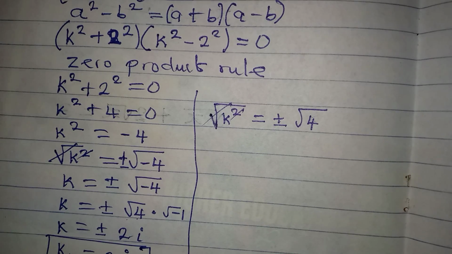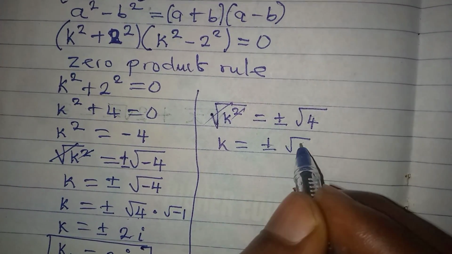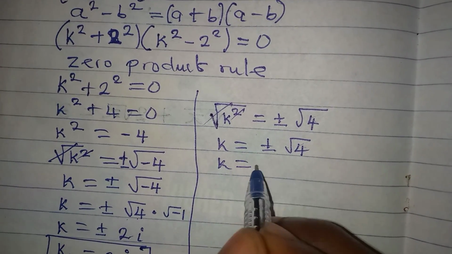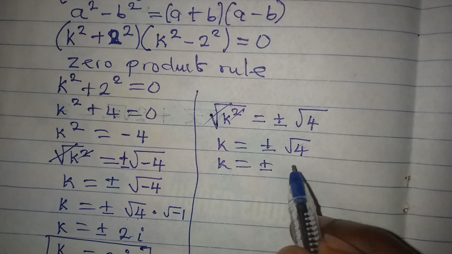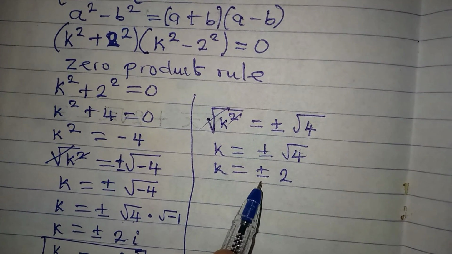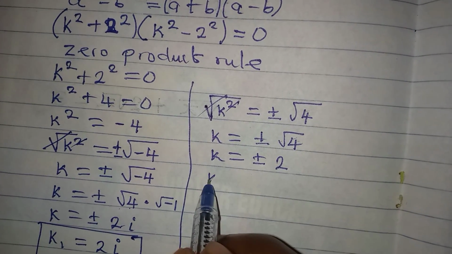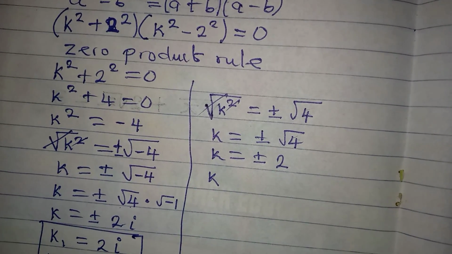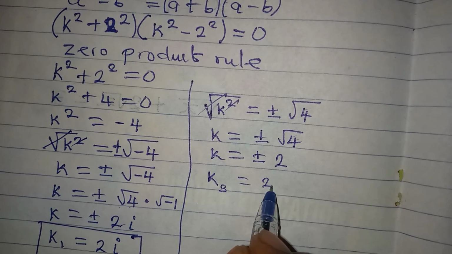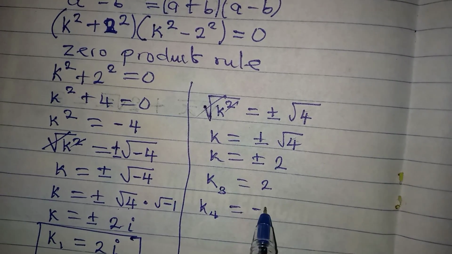And then our k will be equal to plus or minus the square root of 4, which is 2. Remember we got k1 and k2 before, so this is k3, which is equal to 2, and k4, which is equal to minus 2.